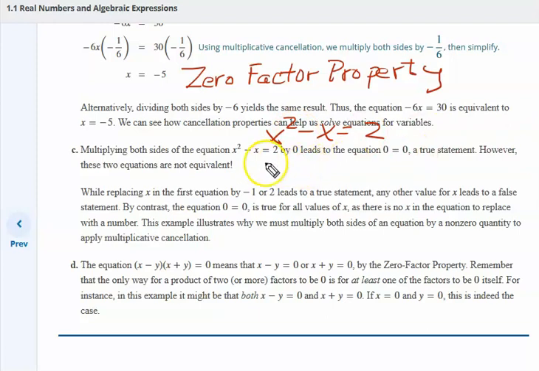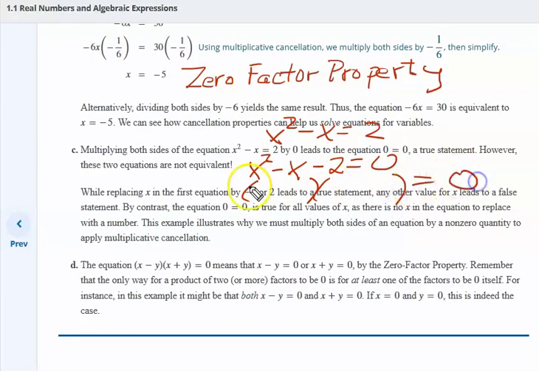So again, reviewing, we would put this in standard form, x squared minus x minus 2, bringing the 2 over changes its sign. And then now we factor that. And we get x, 2, 1. And we need a negative here and a positive there when we FOIL this to get this.